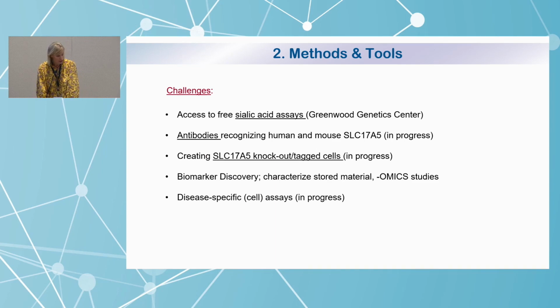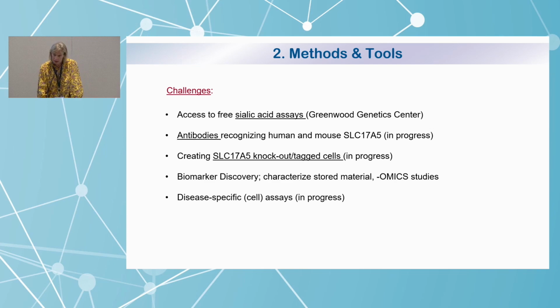So then regarding methods and tools, we faced several challenges. Some of them we more or less solved. So first, access to free sialic acid assays or total sialic acid assays. We thought this was important that all consortium collaborators use the same assay, the same method, so we can compare the same sialic acid levels across different groups.